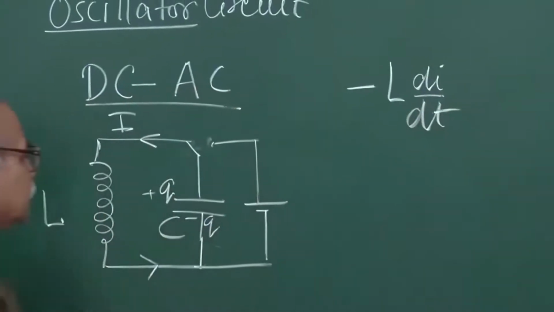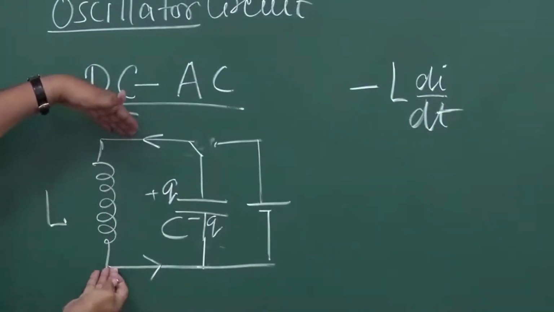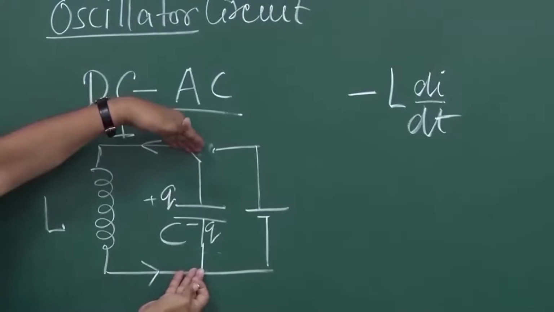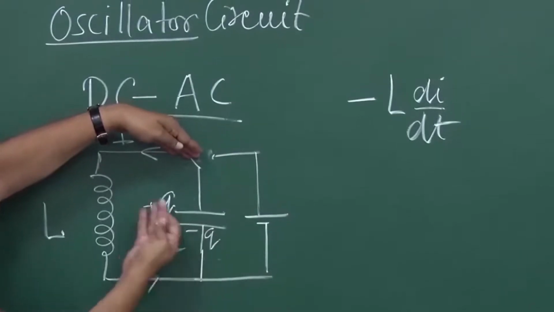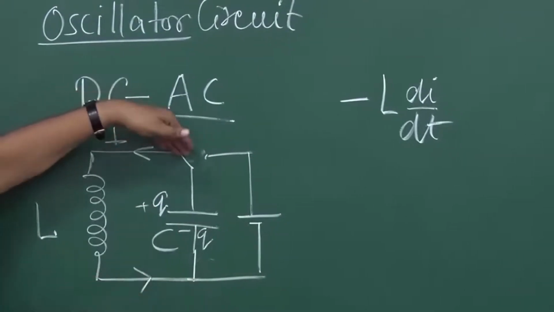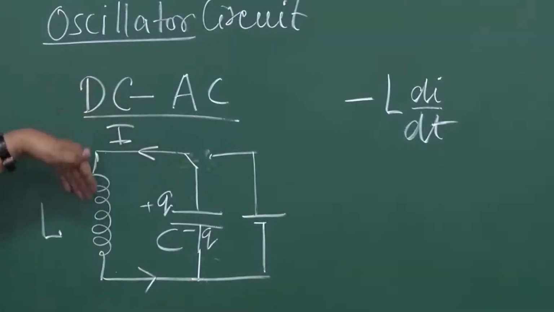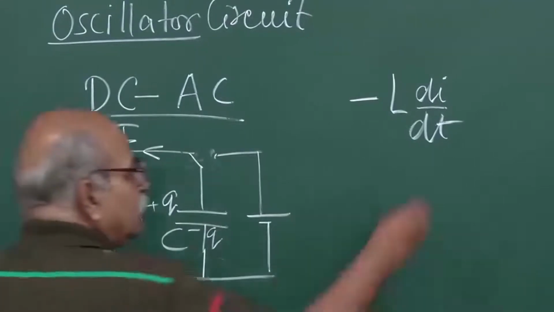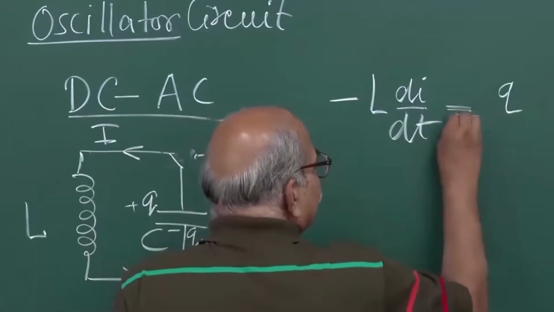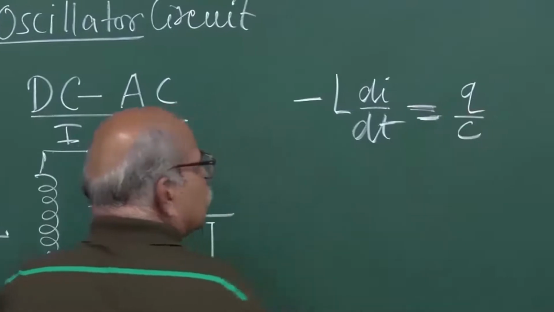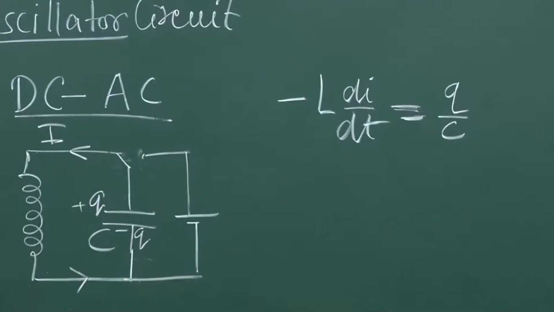That is the kind of voltage that appears here, and the voltage that appears on the capacitor will be Q by C. Since these two points are the same, minus L di/dt should be equal to Q by C. From here you can work out how this current will change in time.